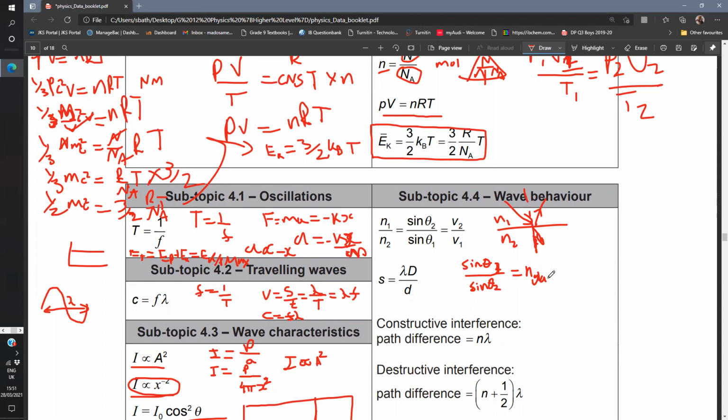That'll give us the refractive index of the glass. So in case there's a question that asks about that, you know how to find it. Or you can do it the other way around. You can have 2 over 1, or it has to be 1 over that, and it's basically the reciprocal of that.